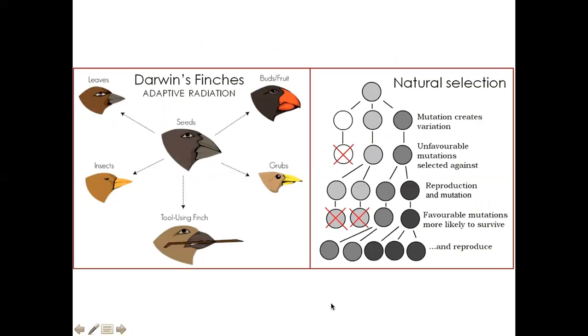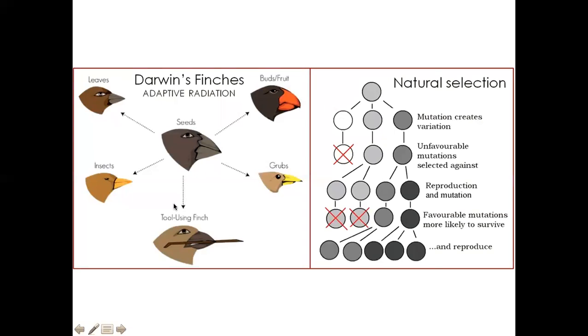All right, so natural selection. Natural selection is something that drives what we call evolution. Basically, if a natural mutation happens in a group of organisms, and that mutation makes that organism more fit, which is what we call more able to reproduce, so it survives something, or maybe it's more attractive to a mate, or maybe it can eat better.